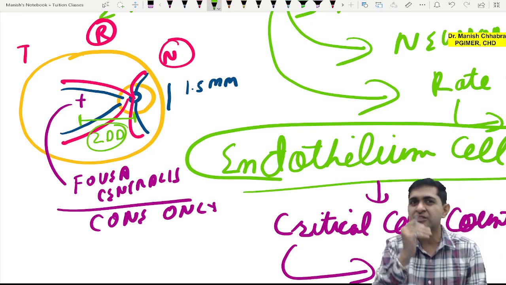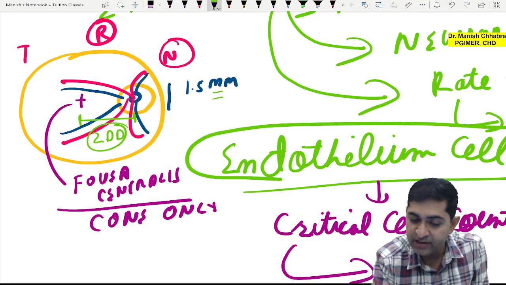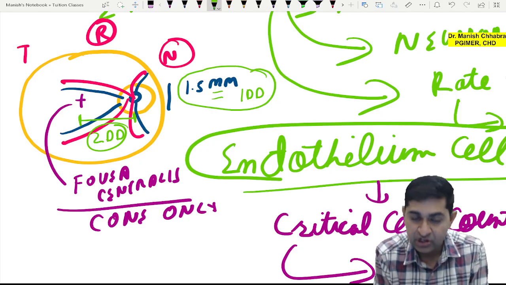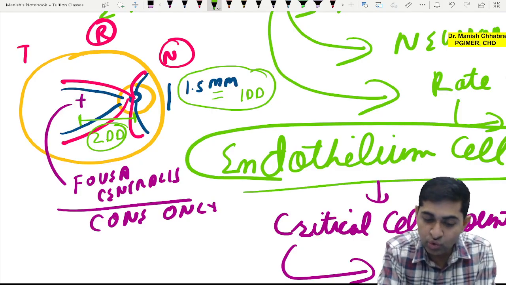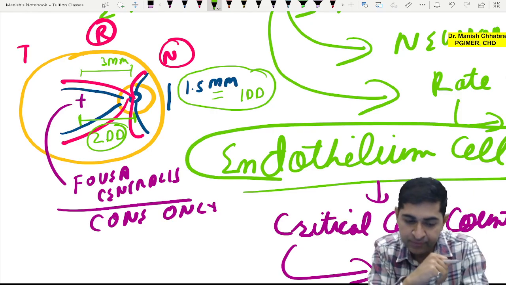Now you will ask, sir, what is this new term 2 disc diameter? I just told you that 1.5 mm is the diameter of optic nerve head. You also call it as 1 disc diameter. So 2 disc diameter is 2 into 1.5. That means the distance is 3 millimeter on the retina.